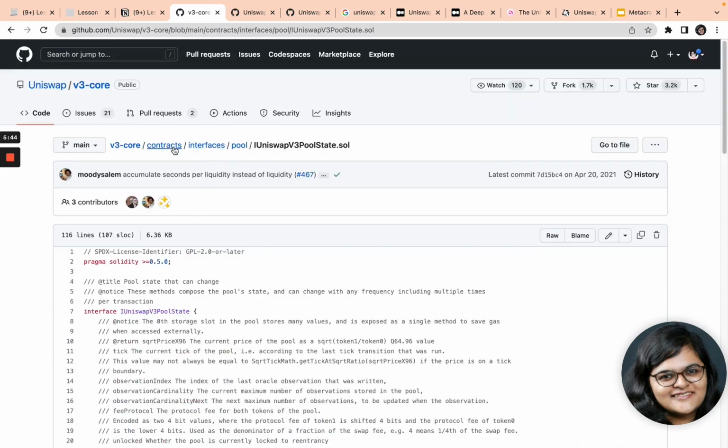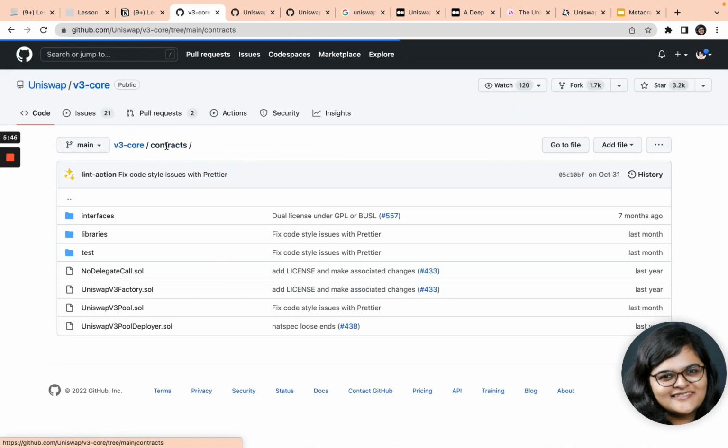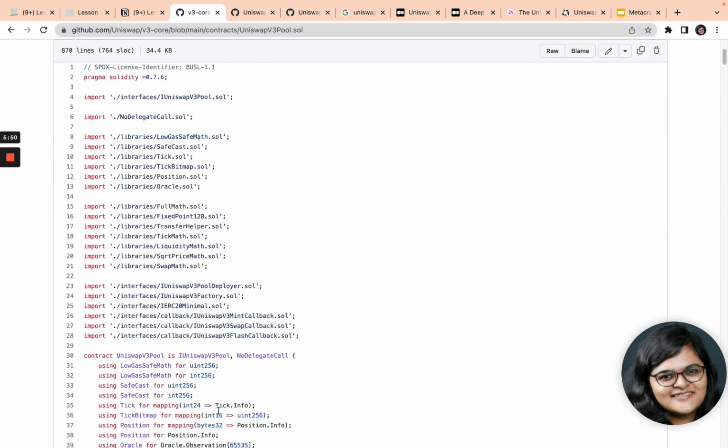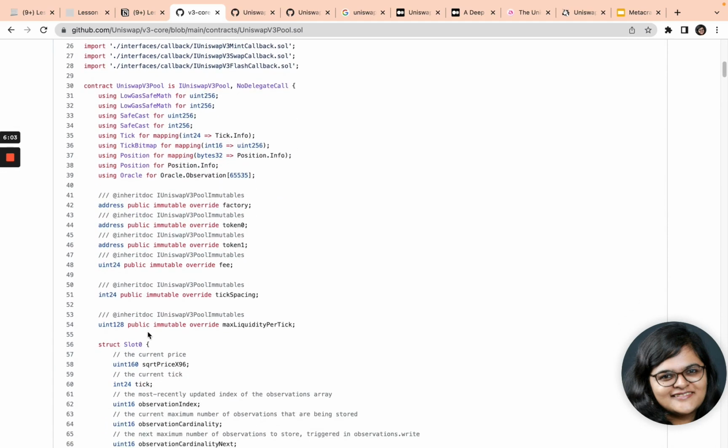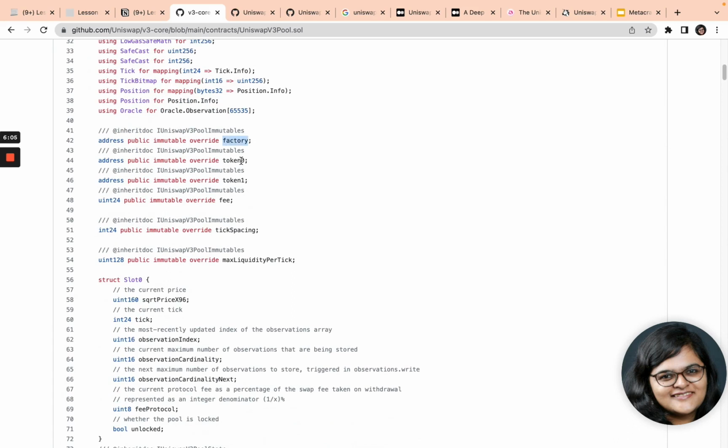Okay, interesting. Let's go back to the pool contract, which is this one, Uniswap V3 Pool. You can see that initially you have all of these things that you're defining, low gas safe math for uint256 and int256. Now here we have our factory, token 0, token 1, and the fees.